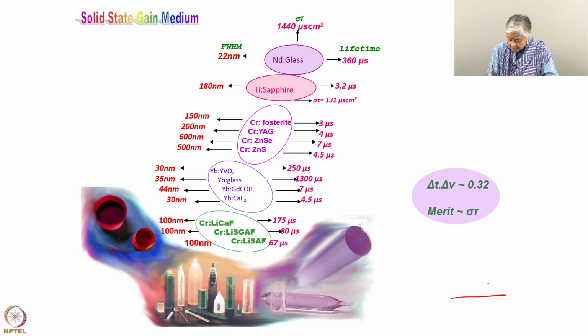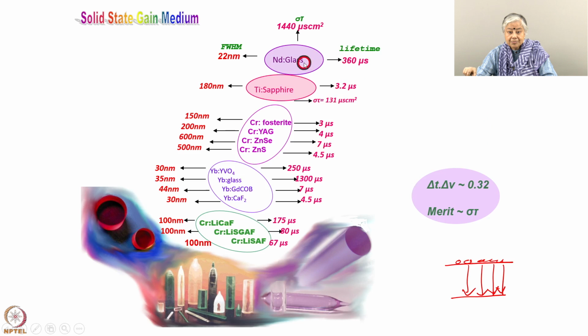So the lifetime of this is large in the case of ND glass, and it should not fall down easily. It should stay there for a longer time. Because of that, ND glass is a very important material for amplification.